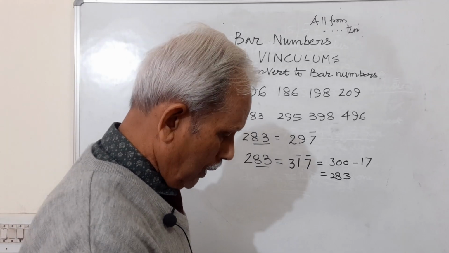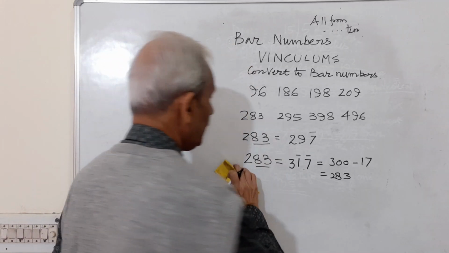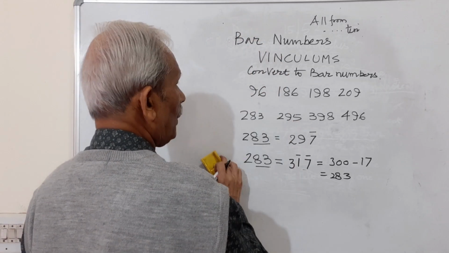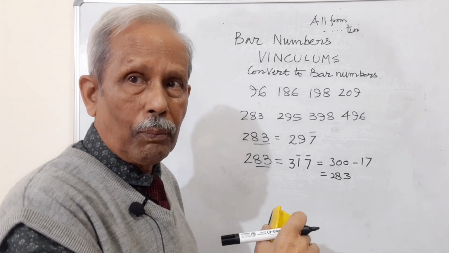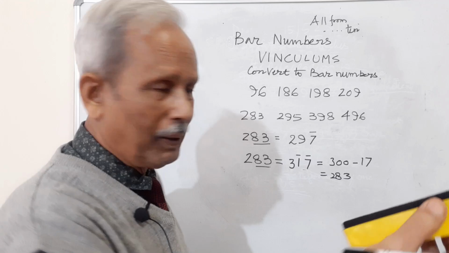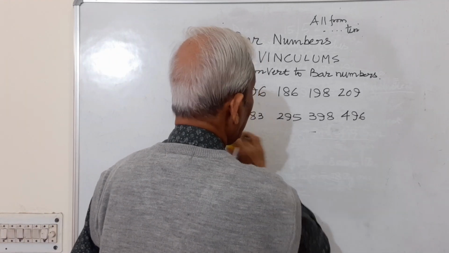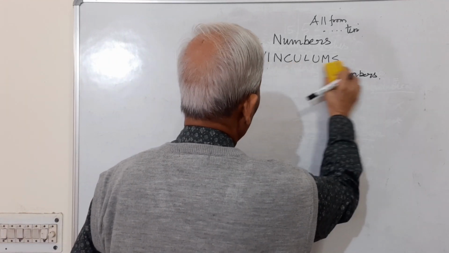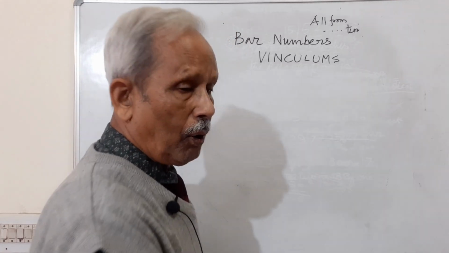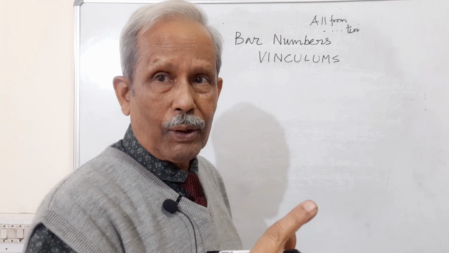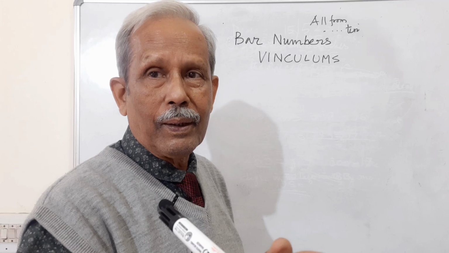Okay. So now let us go to a different thing now. So far what we have done, we have vinculated a number. Means we have made a normal number converted into a bar number. Now let us see how we can convert a bar number into a normal number. That's what we call as devinculum.